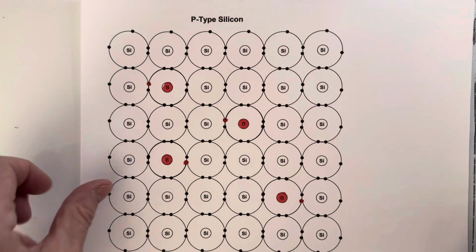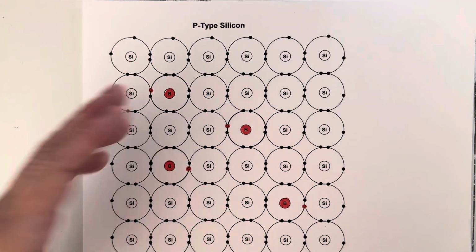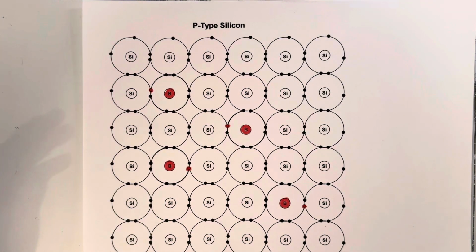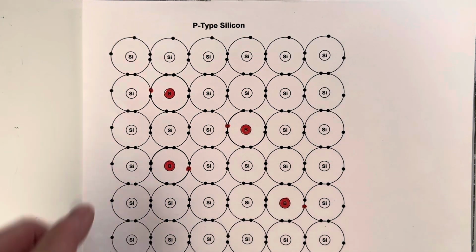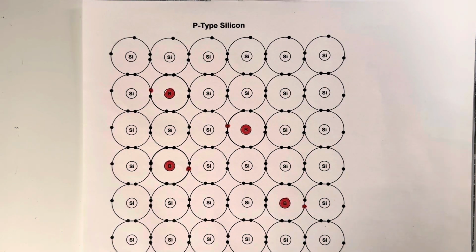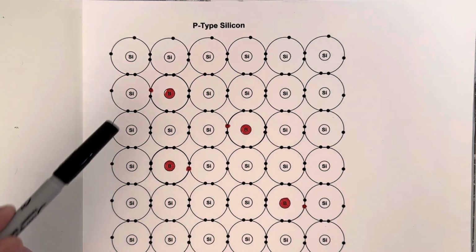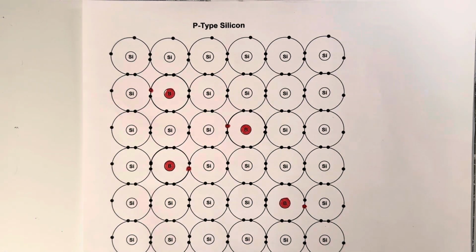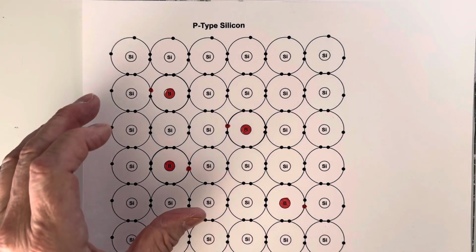Now, P-type silicon is formed by adding a trivalent or group 3 dopant, such as boron, to silicon and allowing it to solidify and form the crystalline structure that it forms. Now here I have some random boron atoms placed in the crystal lattice, and notice that the boron has a missing electron, and these are called holes.